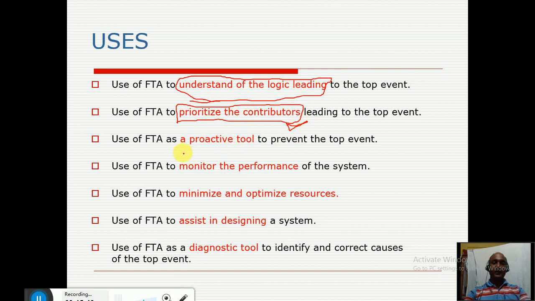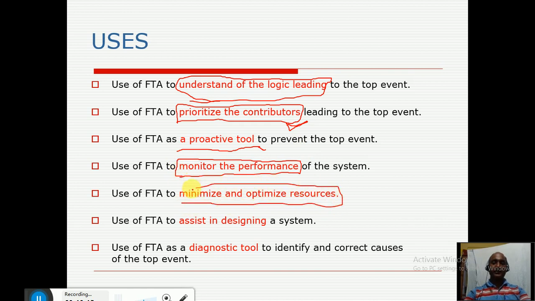We can make use of FTA as a predictive tool, because once you find out the reliability, you will come to know how reliable the system is. And furthermore, if you need improvement in the reliability, then we can think of that also. Then monitor performance. Obviously, this method is for monitoring the performance of the system from time to time. Minimize and optimize the resources.